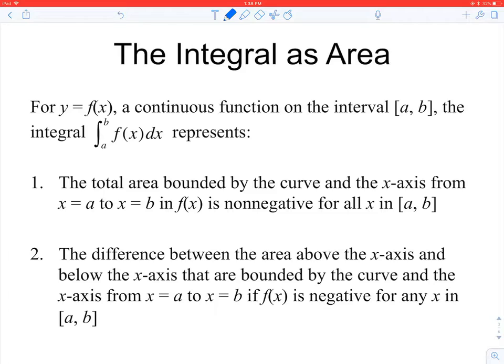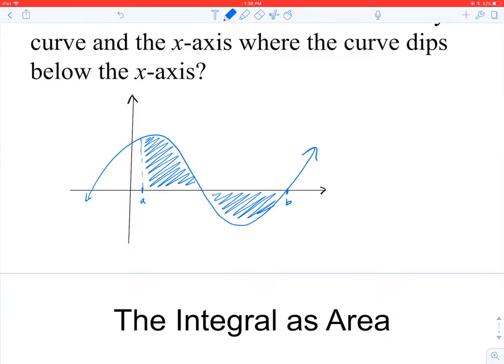However, if the function does dip below the x-axis on the interval from a to b, like this graph, let me change this actually. And I'm actually going to call this A over here. So let's say we wanted this area plus this area.